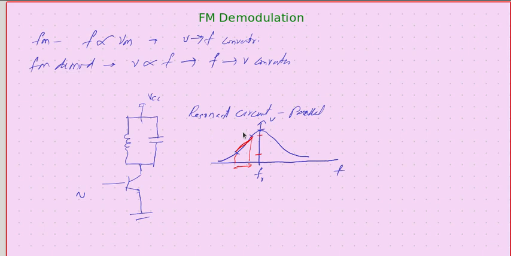And in our common emitter session, we had seen that the voltage gain depends upon this RC, or the impedance used at the collector.